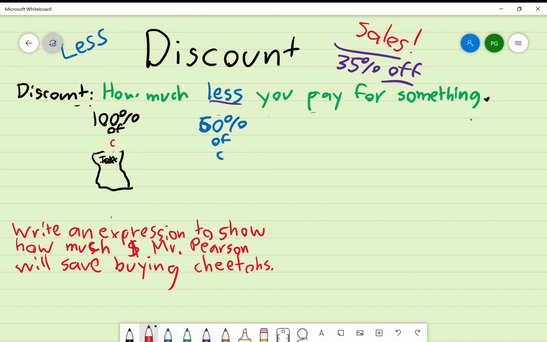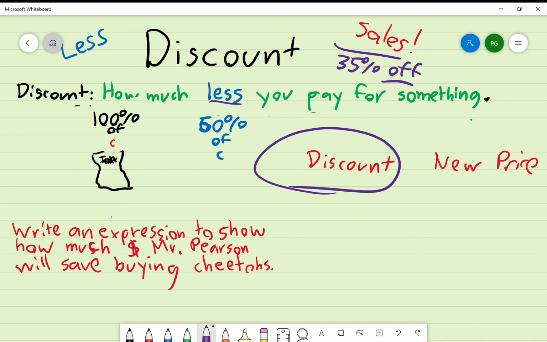Alright, so if I want to find out how much money I'm saving, am I looking for the discount or for the new price? I am looking for the discount. The new price isn't how much money I'm saving, it's the new amount of money I'm paying.